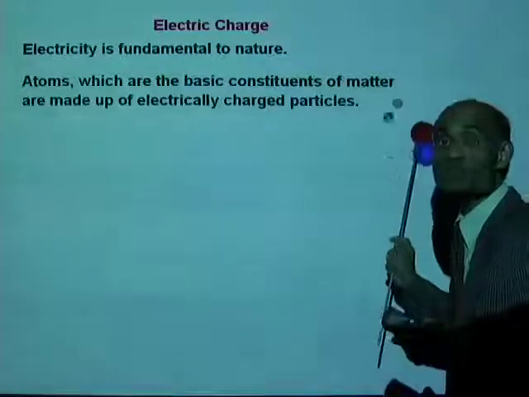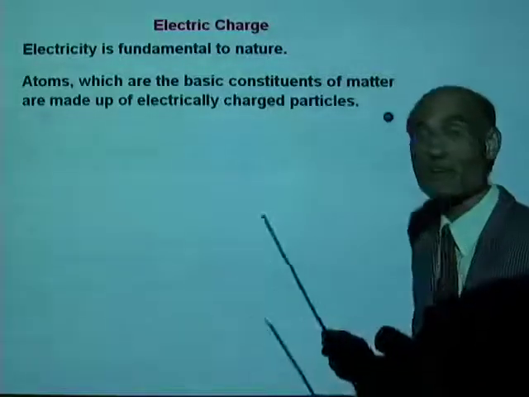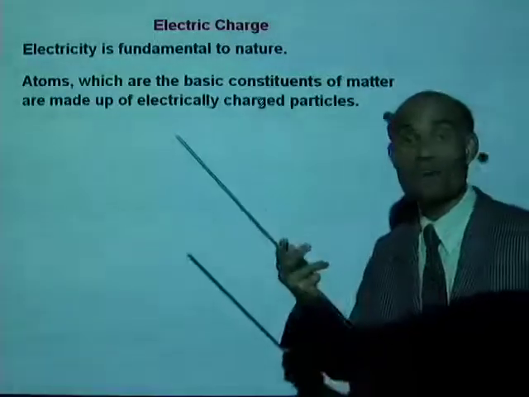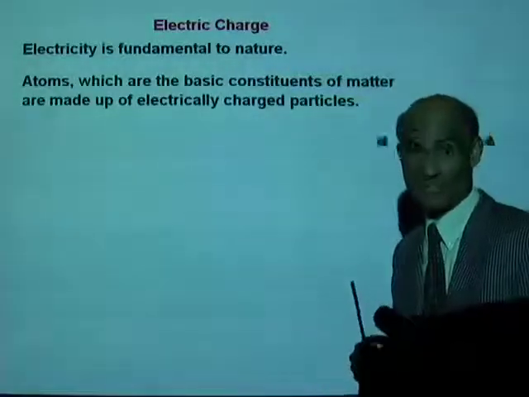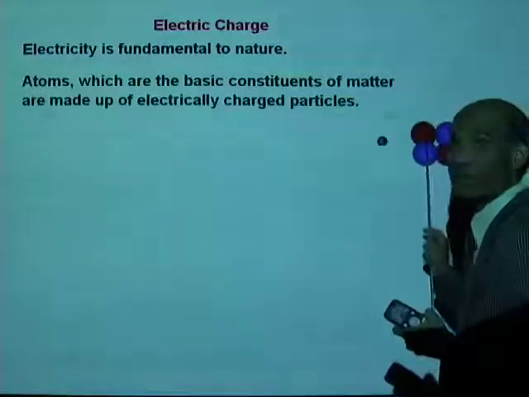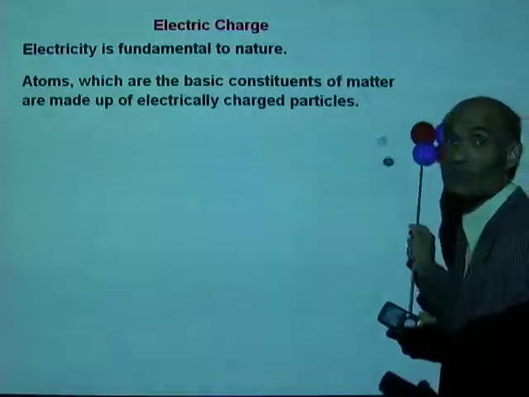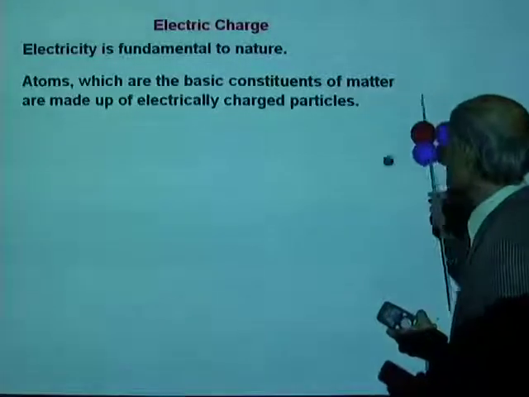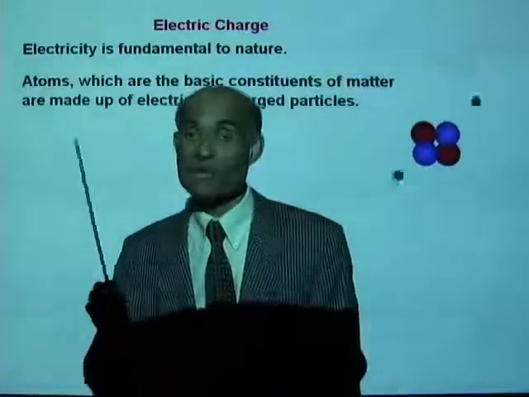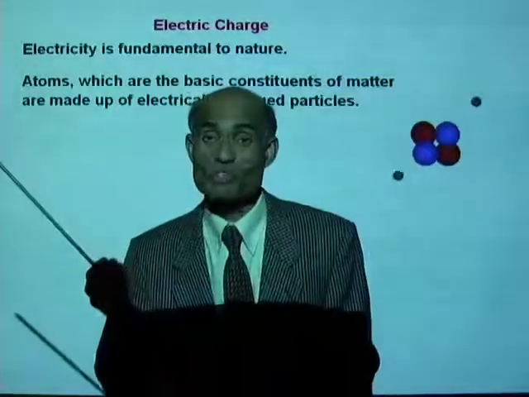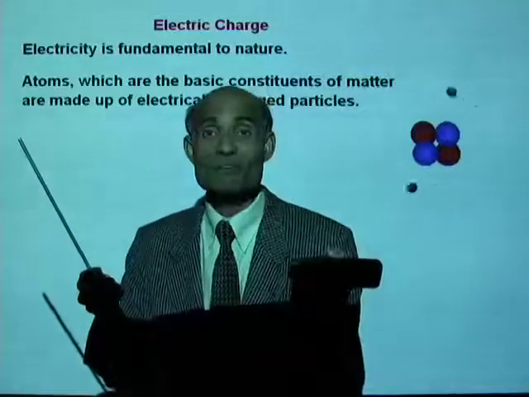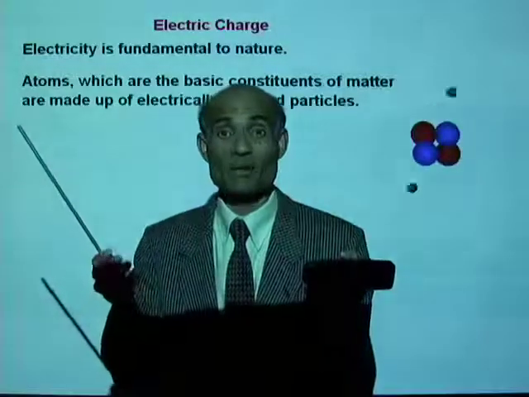Now what is the special characteristic of an atom? An atom carries the two types of basic charges that are present in the universe, a positive charge carried by a proton and a negative charge carried by an electron. The amount of positive charge carried by a proton is equal to the amount of negative charge carried by an electron.